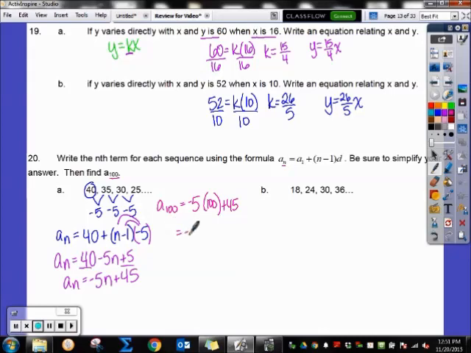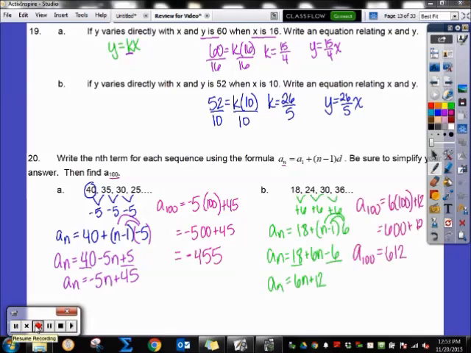When we simplify that, negative 500 plus 45, so a sub 100 would equal negative 455. Then for b, we do the exact same thing. Go ahead and pause the video, work it out, and then restart the video. Okay, check your work.